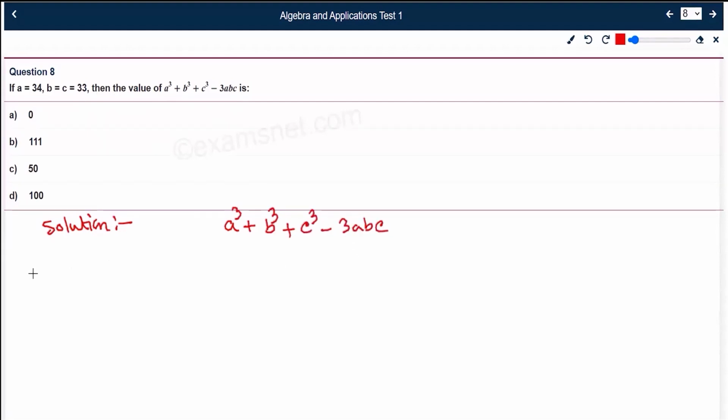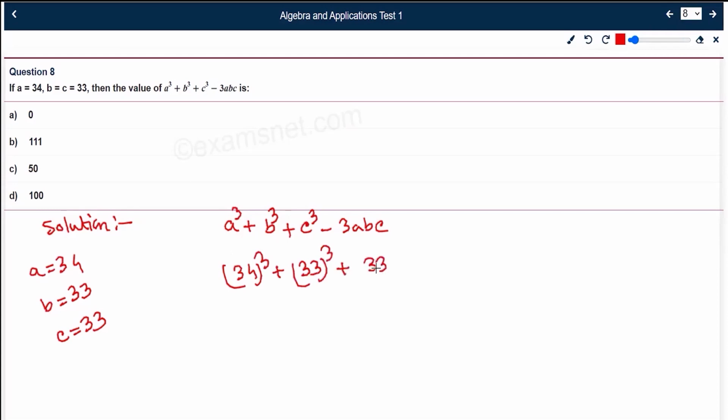So here already given a equals 34, b equals 33, and c equals 33 as well. Put all those values, 34 whole cube plus 33 whole cube plus 33 whole cube minus 3 multiplied by 34, 33 and 33.